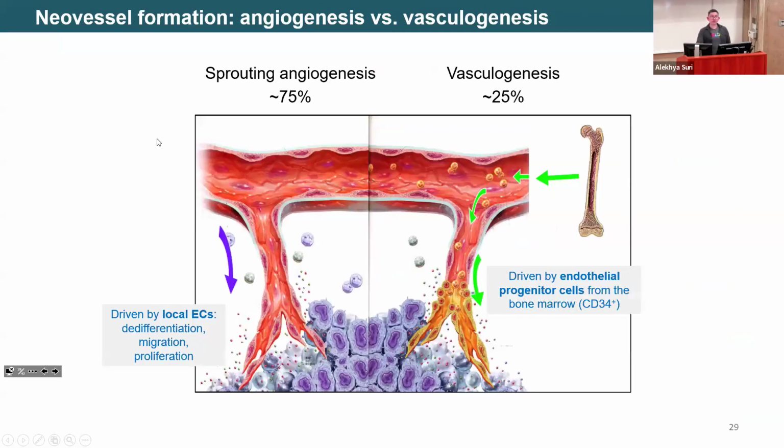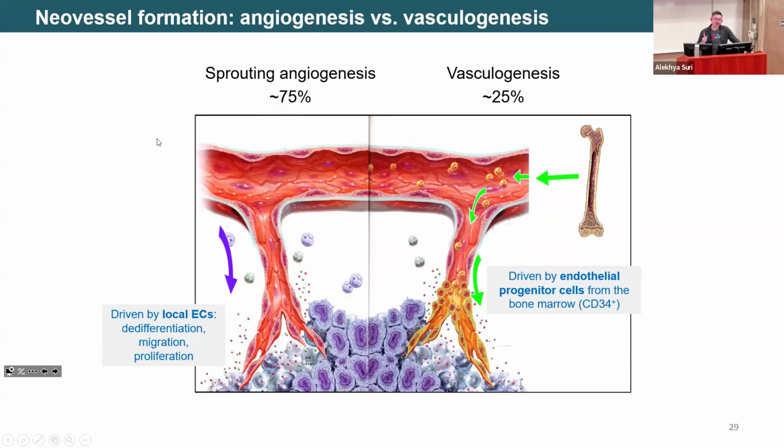Now, the difference between vasculogenesis and angiogenesis. Both processes lead to vessel collateralization. In other words, the formation of new blood vessels. Now, angiogenesis or sprouting angiogenesis accounts for 75% of the formation of new vessels at any given time.